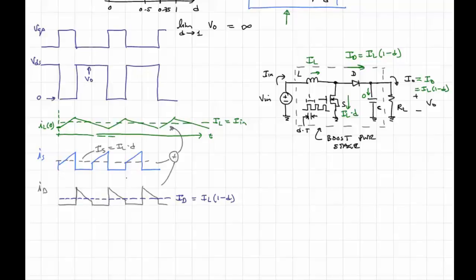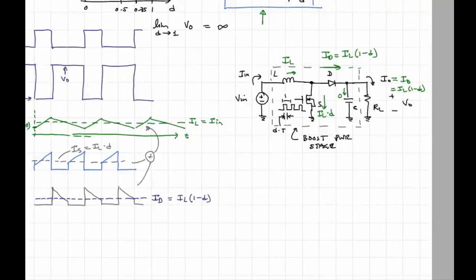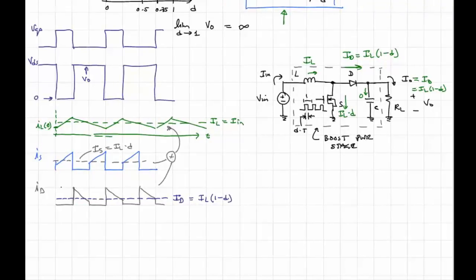Now if we look at this a little more closely, we can find that the current through the capacitor, if I were to draw IC here, is going to look like this waveform here, with the average, this is 0, this is IC.